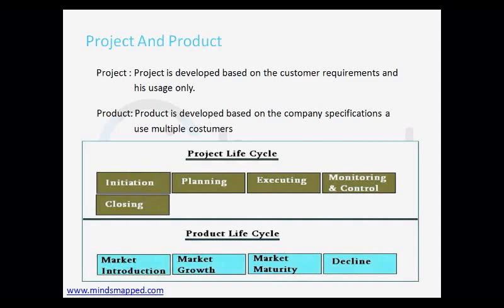So a product is something which can be used by multiple customers, whereas a project is something which is used by a specific customer. As I was giving you the example of Microsoft Word, Word can be used by multiple users across the globe. But when it comes to a project, I was asking about appointment systems from one of my candidates in this training, where she told how to book an appointment.